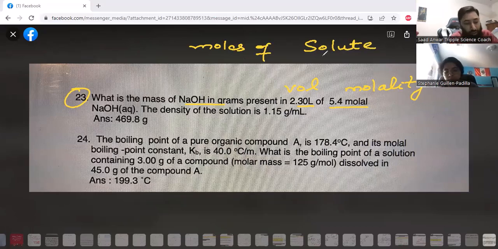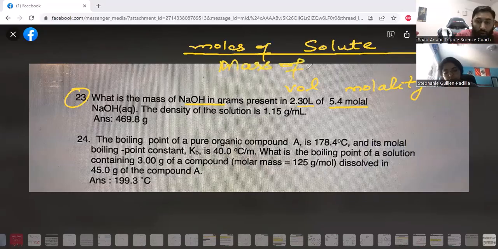Solute can be salt, sugar, or glucose. When we divide moles of solute by mass of solvent, we get something, and that something is molality.